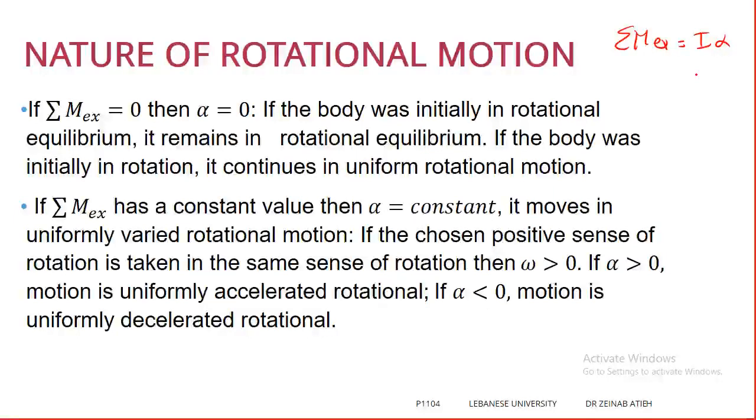This is very similar to Newton's first law for translation, which is sum F equals 0, which says that if the sum of forces acting on a system is 0, in this case the acceleration is 0, which means that either the system is at rest or moving in URM.